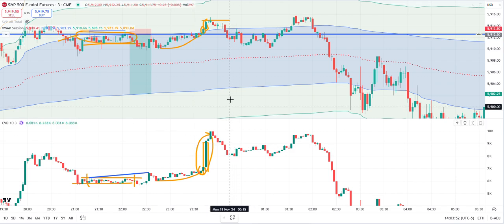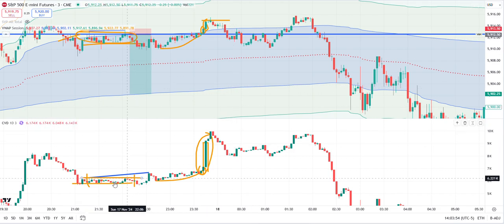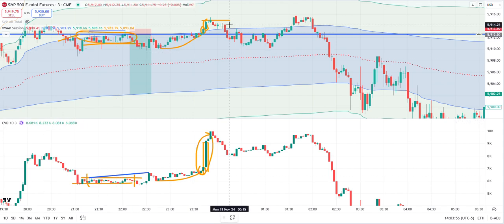So kind of here. Boom, boom, boom. Single candle divergence right there. And now you could take shorts after it breaks that low.